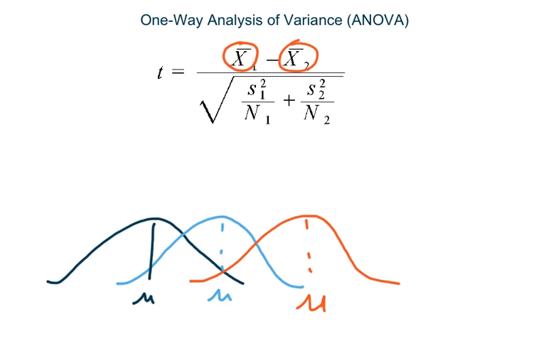So that's what a one-way analysis of variance is doing, it's extending the two-sample t-test to 3 samples, or 3 groups, or 4 groups, or 5 groups. And let me clear some of this information away and give you a little bit more background on the reasoning behind it.